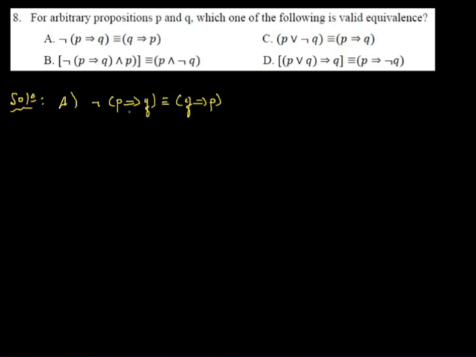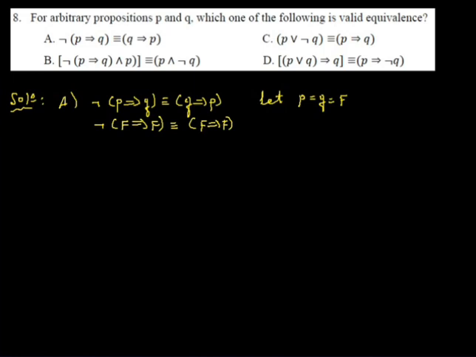Here, you can assume P and Q as false propositions. If I take this, the compound proposition in A becomes the negation of false implies Q, which is false, is equivalent to false implies false.